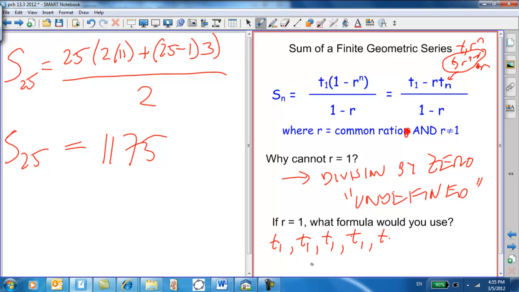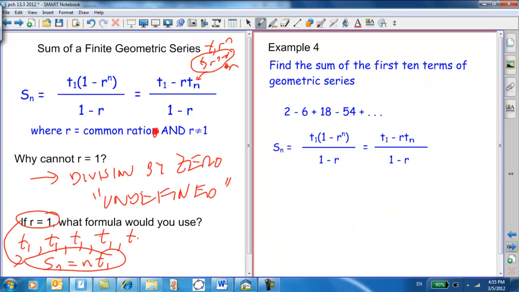So the formula for the sum of the first n would be n t sub 1s. You could use that formula for the case where r equals 1. You really don't have much of a geometric sequence. Technically it is, because the common ratio is 1, but you can just multiply the number of terms by the first term.